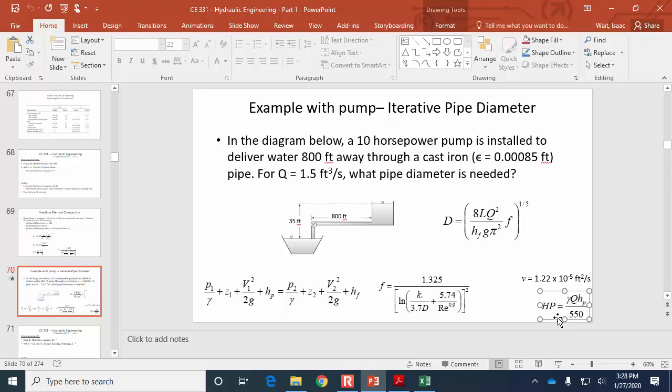We get H sub P, which is pump head, is going to be 550 times the horsepower divided by gamma times Q. Okay, so that's 550 times the horsepower, which is 10 horsepower, divided by 62.4, multiplied by 1.5 CFS.